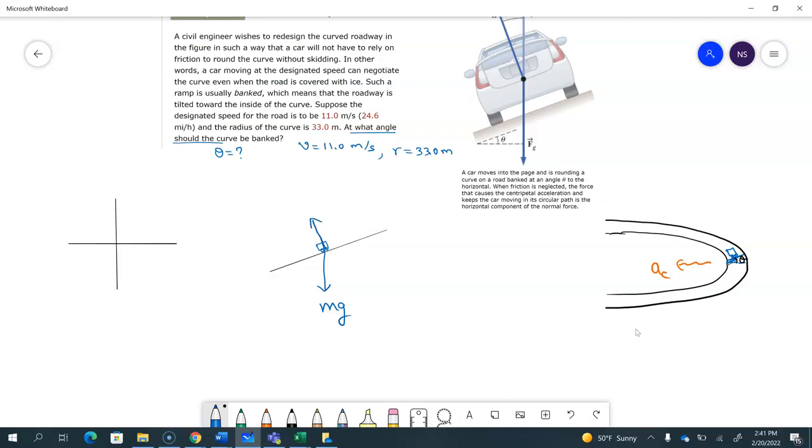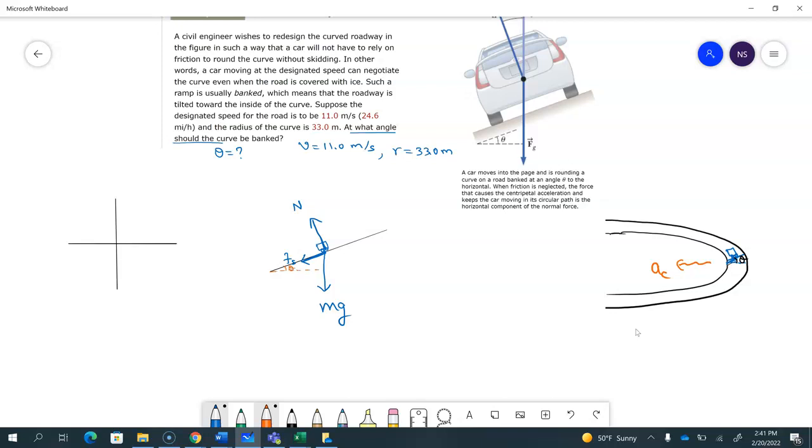So there is the normal force, and depending on how fast the car is moving, the friction will be either up or down the incline. And suppose it's going fast enough that I draw my friction force down the incline like this. That's Fs, right? And I should also note the angle is theta here.